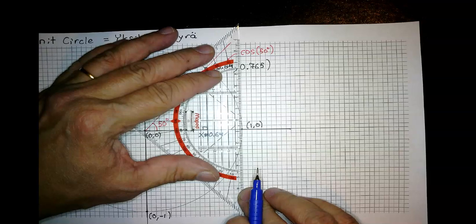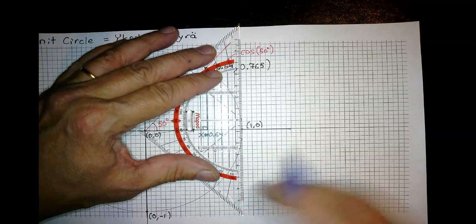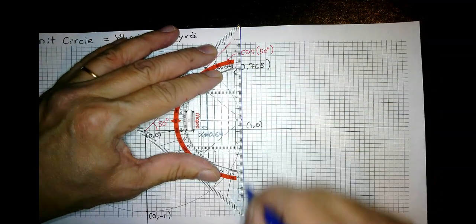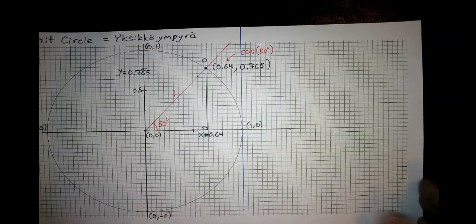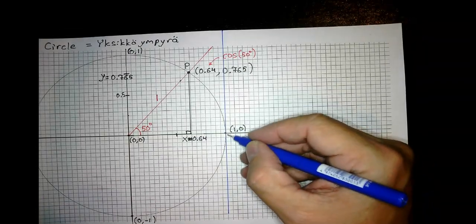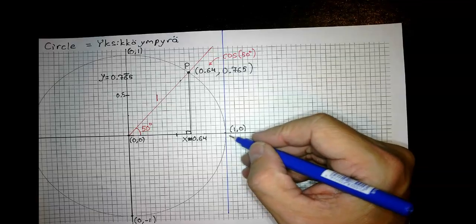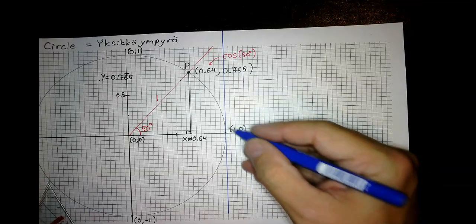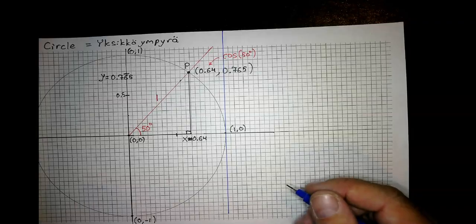I will try to find the tangent line there. This should be a tangent line, which goes through this point 1.0, and it is a tangent for this circle.